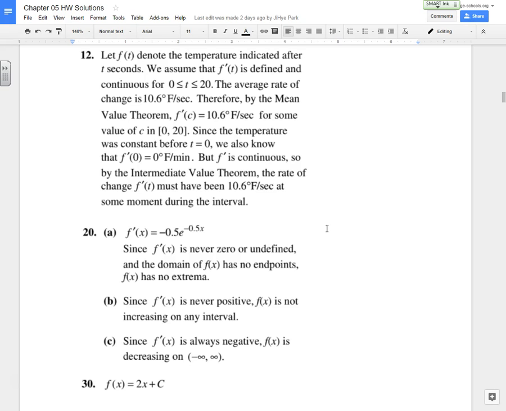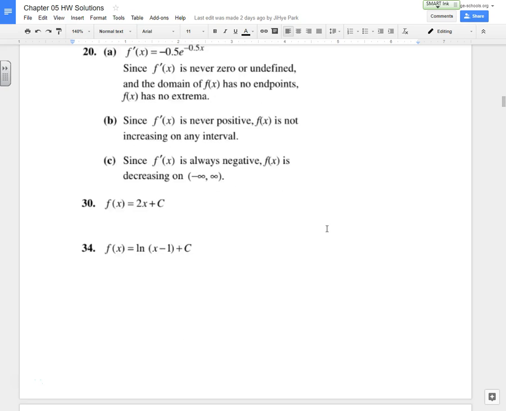That's fewer words, because with MVT you just have to find the average and say, since my temperature is continuous and differentiable, and the average is 10.6, then the rate has to be 10.6 at some point in between. If they were asking about 10.4, that would make a little more sense, but 10.4 wouldn't exactly be 10.6. I would just use MVT on that one.